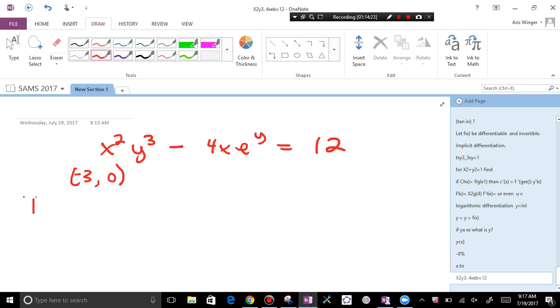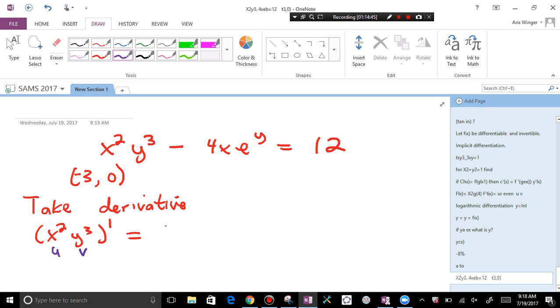We need to take a derivative. Don't let me catch up to you. We need the derivative of x squared y to the third. That requires a product rule, u prime v plus v prime u.